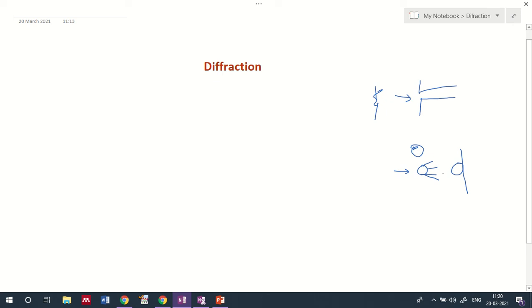It is because of the spreading of light: even after passing through a very small aperture, we get a shadow. Diffraction was first explained using Huygens principle.